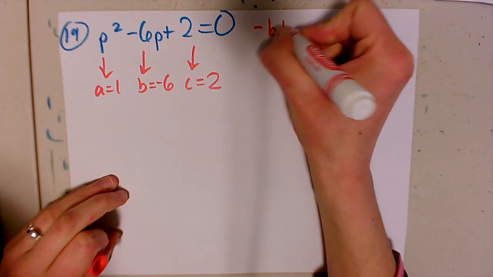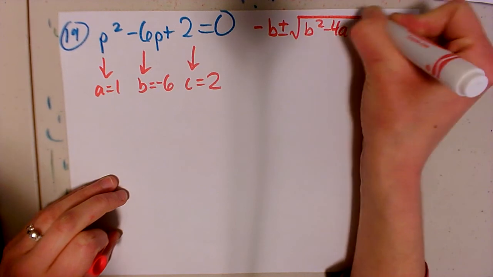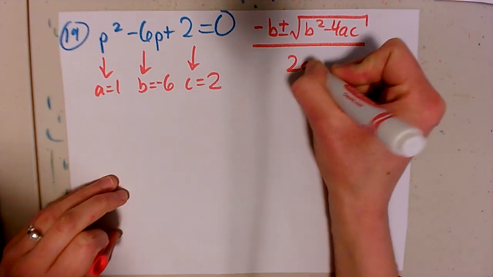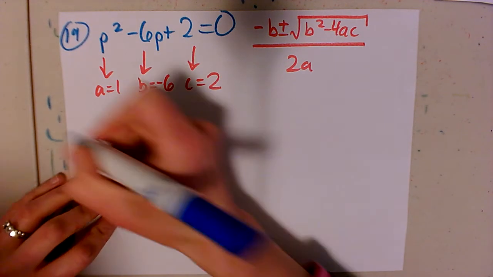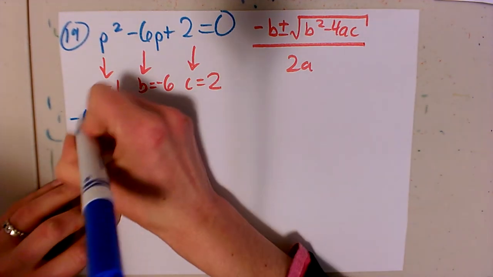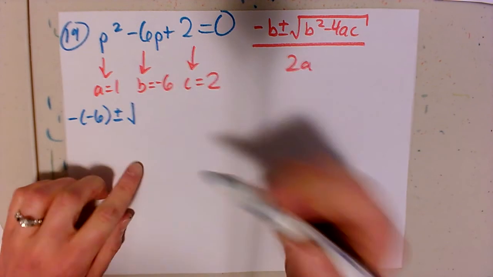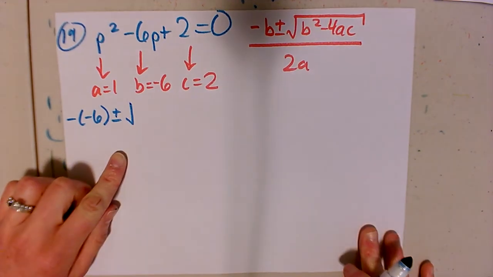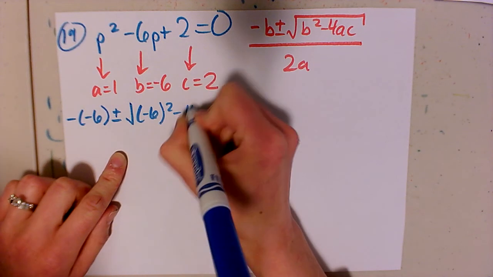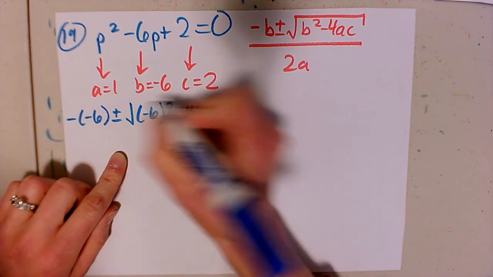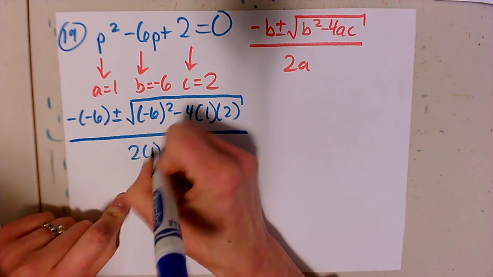And remember our formula, negative b plus or minus the square root of b squared minus 4ac all over 2a. So for negative b, I'm going to have negative 6 plus or minus the square root of b squared. Let's see, so that'll be a negative 6 squared minus 4 times 1 times 2, all over 2 times 1.